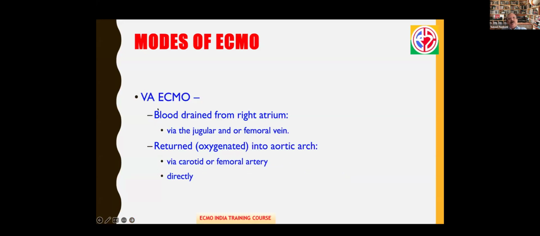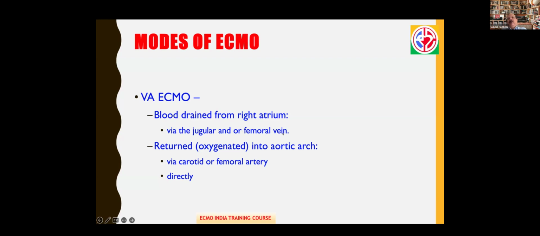Very briefly about VA ECMO, because in neonates as well as in children below 2 years of age, even though it is a respiratory condition, one still has to put the patients on veno-arterial ECMO. The cannulation for draining the blood is from the right atrium via the jugular vein, and femoral vein only after 2 years of age or above 10 kilos of weight.